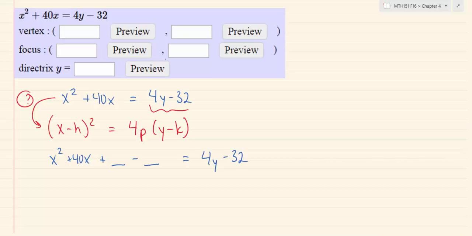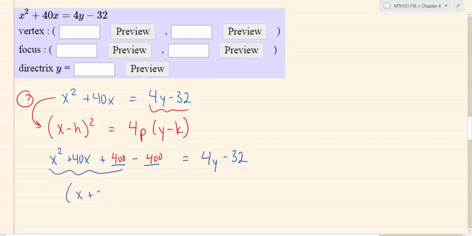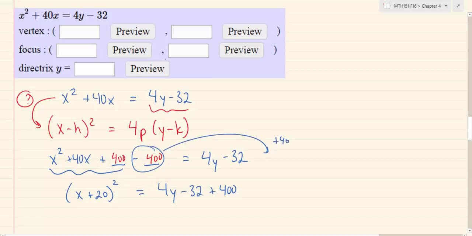So what goes in the blank? b divided by 2 squared, which is 400. Good. So we're going to add 400 and we're going to subtract 400. And now, believe it or not, this guy right here becomes (x plus 20) squared equals 4y minus 32 plus 400. So I'm going to take this minus 400 here, and I'm going to add it to both sides.